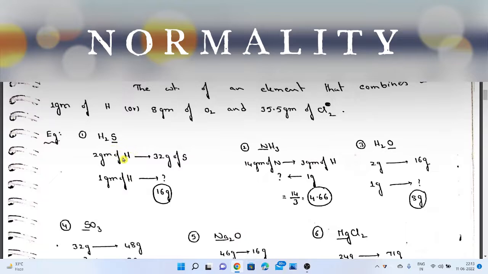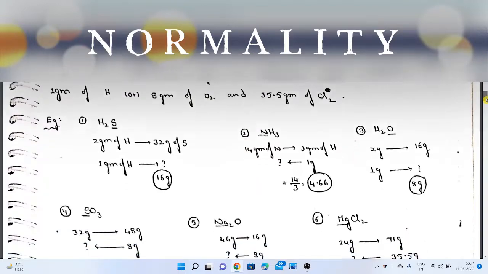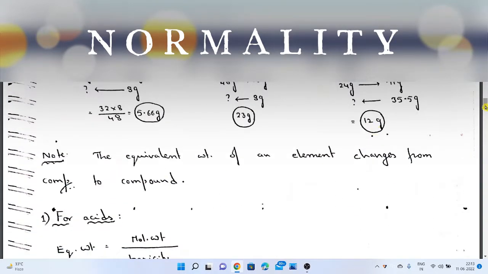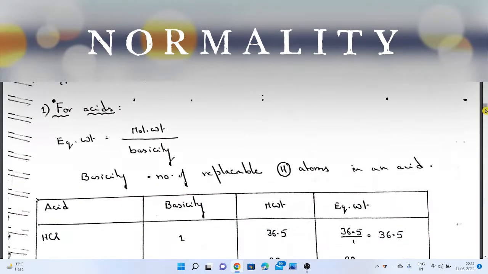Here I will explain one example, H2S. Here we want to find the equivalent weight of sulfur. 2 grams of hydrogen is combined with 32 grams of sulfur. So 1 gram of hydrogen combined with 16 grams of sulfur. So the sulfur equivalent weight in this compound is 16 grams. Likewise you can understand the remaining equivalent weights of an element.